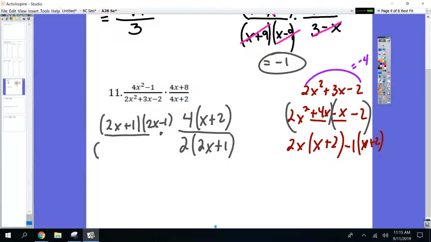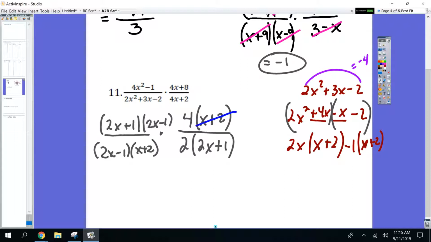2x minus 1 times, what's in the other parenthesis? X plus 2. Okay. Cross them out. Cross them out. Where are we going? One pairing I can cross out here. One pairing. Top and bottom, remember. Top and bottom. Go ahead, Lily.